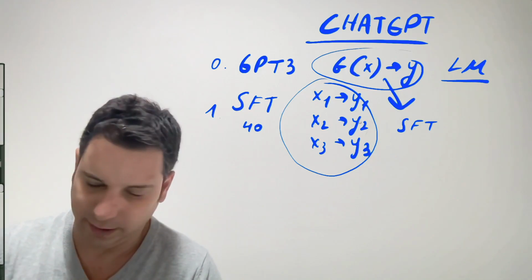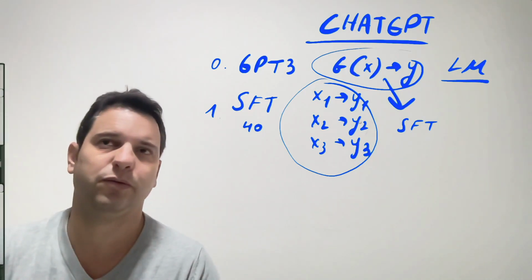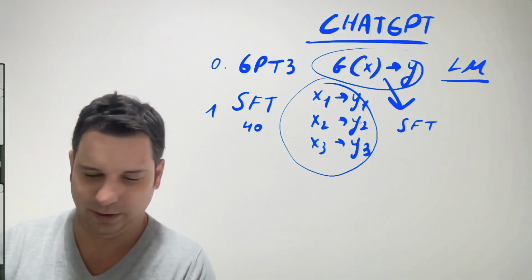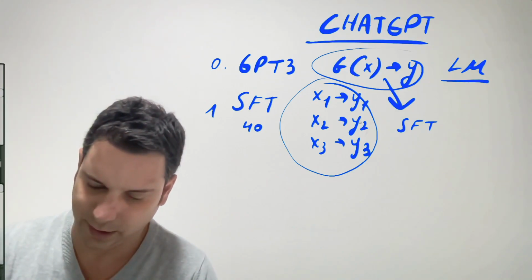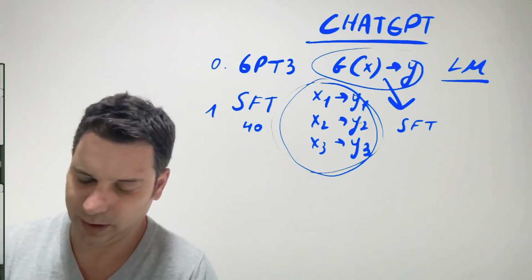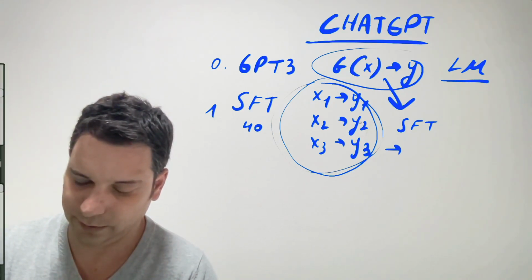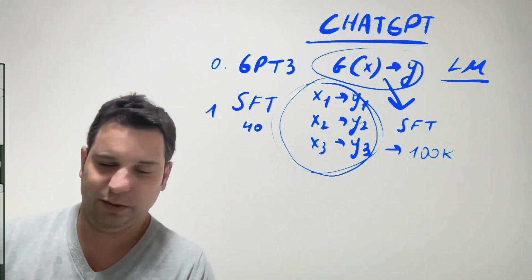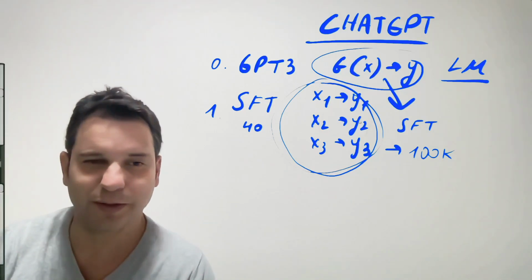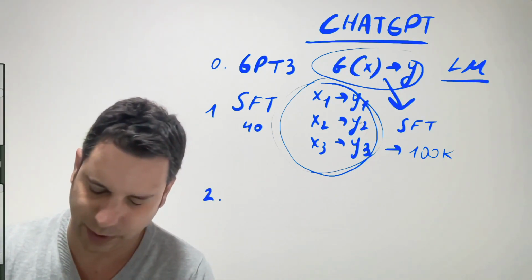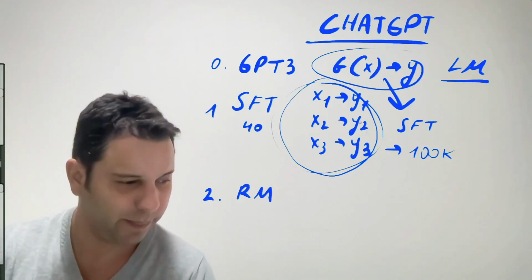Which makes the model better. And then you want to create a way that can determine how good an answer is, right? Let's say all these examples that the human labelers created, you have only a few of them, let's say only 100,000. You want to generalize it. If you give a prompt and a response, you want to make a score of how good it is. So what we do right here is train what's called a reward model.